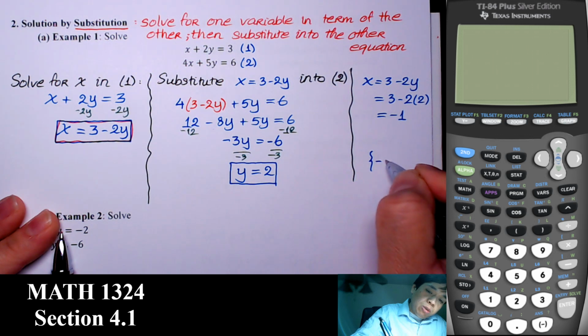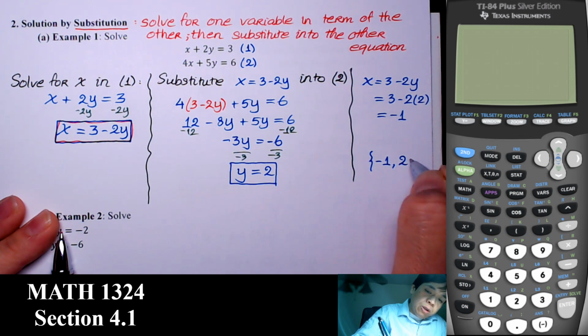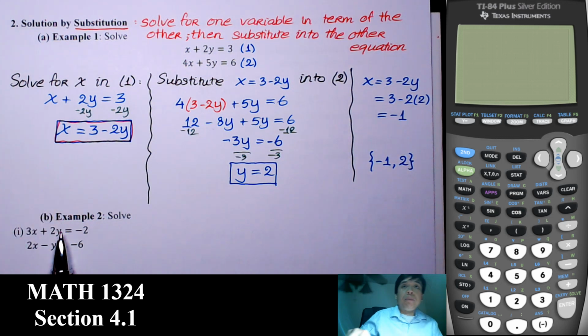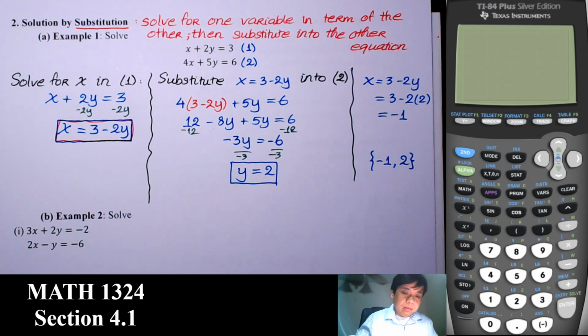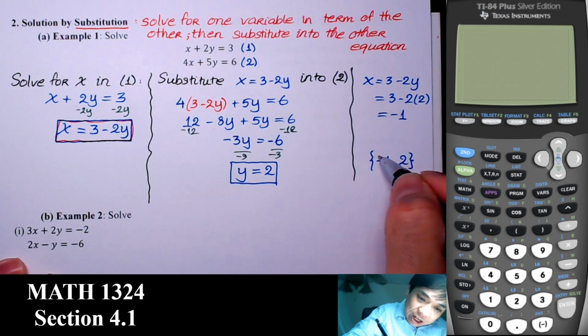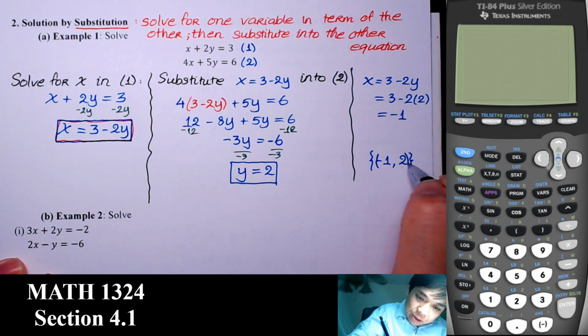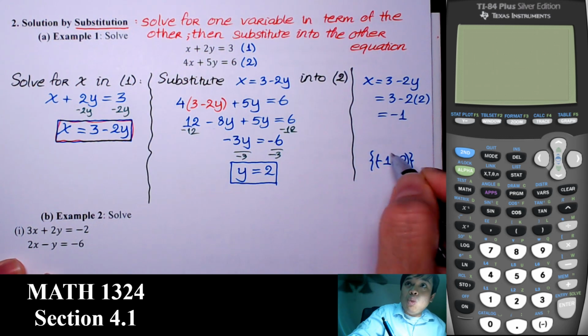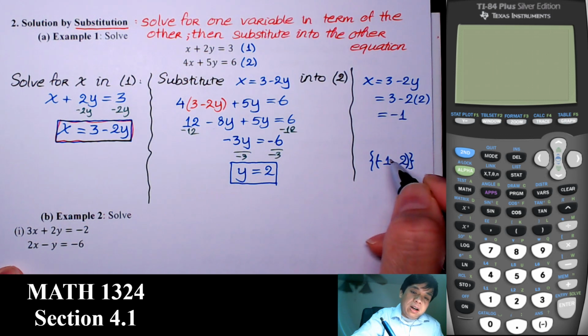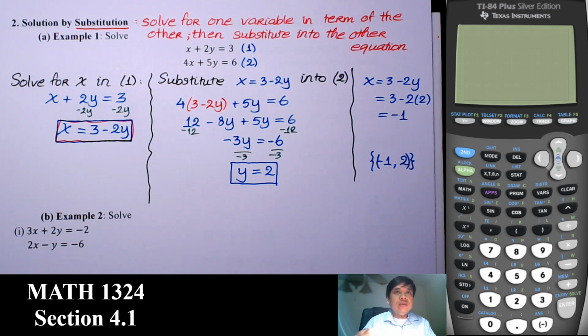So x equal to minus 1 and y equal to 2. I'm sorry, I should write that as a pair. So there's one solution, that is the pair of negative 1 and 2. Right, so that's simple enough.